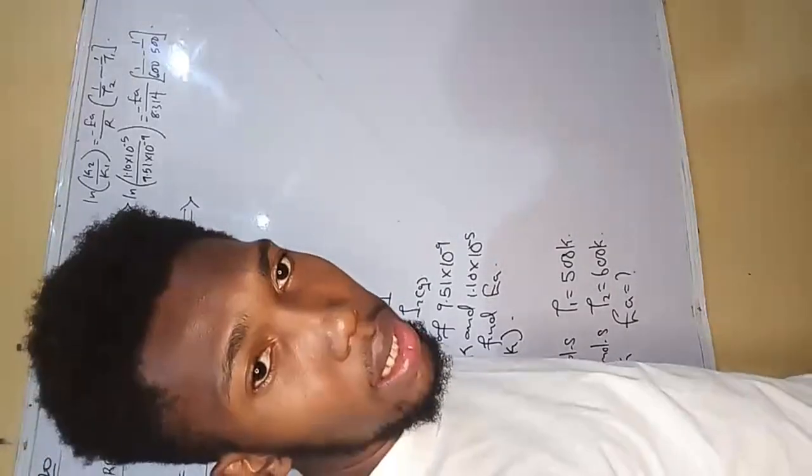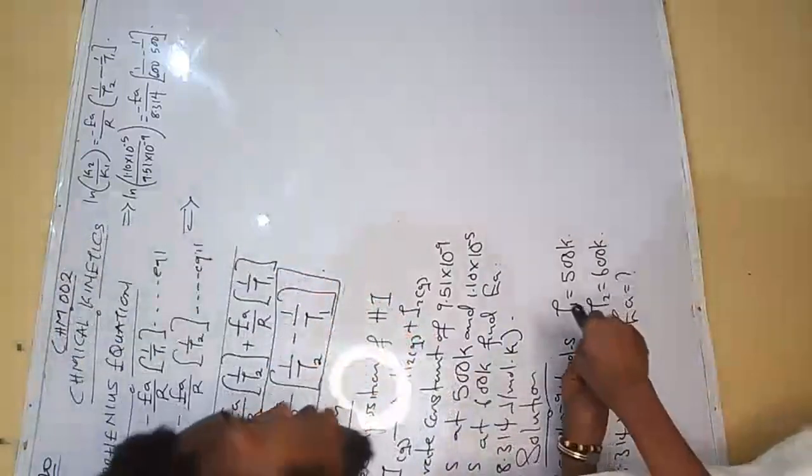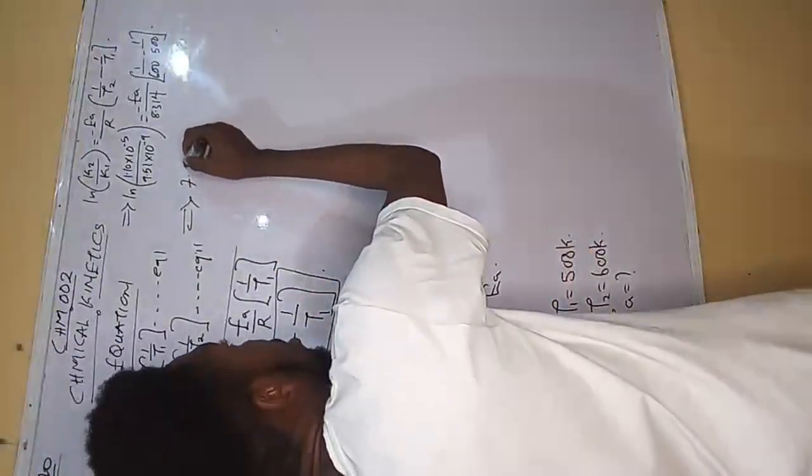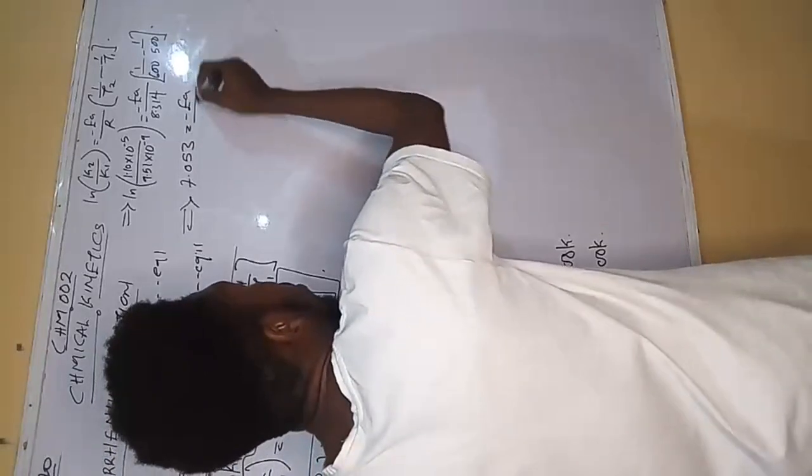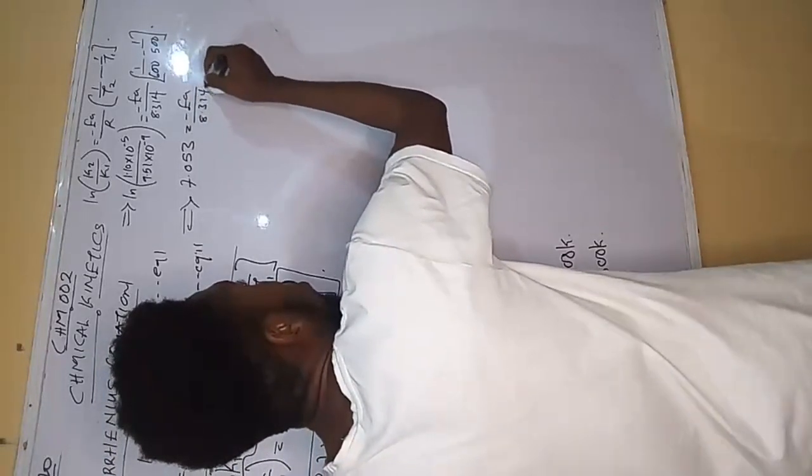I'm not with the calculator here, someone should press it. Okay, 7.053, thank you. So 7.053 equals to minus EA followed by 8.314.